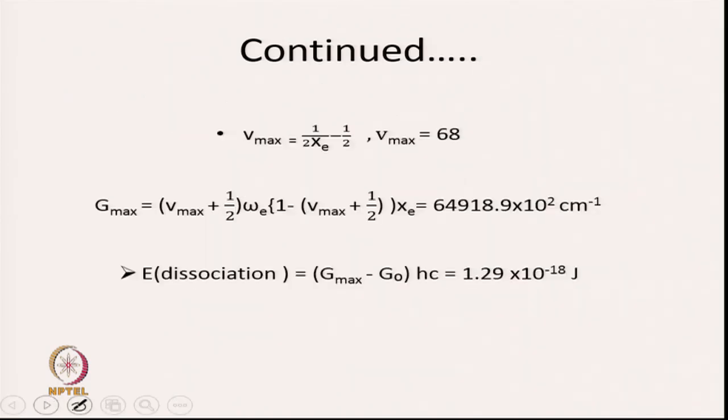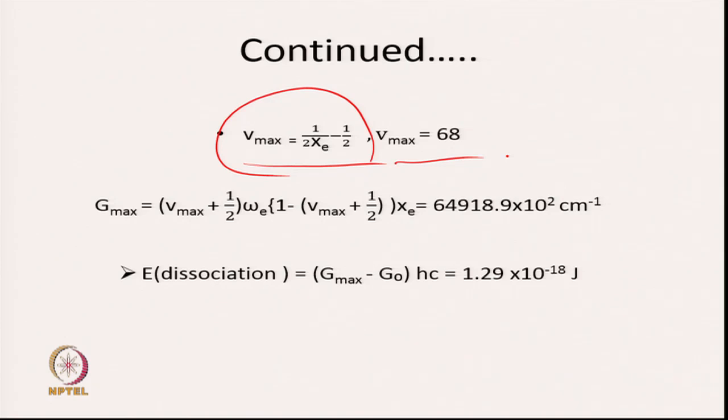Now, we need to calculate your dissociation energy. For that, I told you that first you have to calculate the vibrational level with maximum energy. So, you need to find out the value of V at which the energy is maximum, and this is the formula for V max, and once you solve that you will get V max is equal to 68.